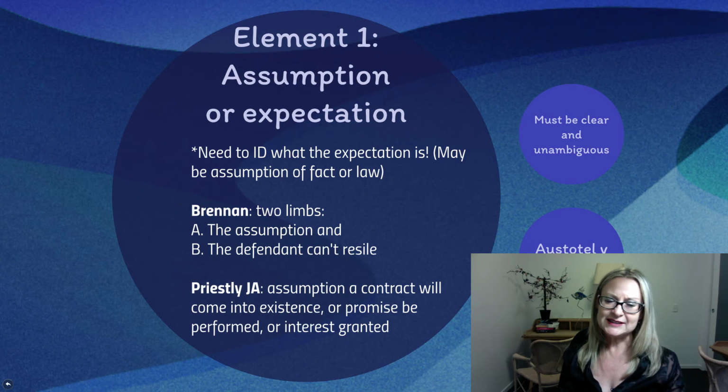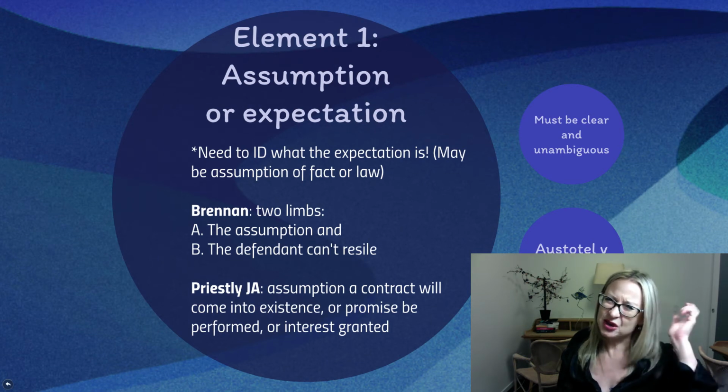Priestley said that an assumption can constitute something like a contract will come into existence, so that was the case in Waltons Stores, or a promise be performed, or an interest be granted. Okay, and we'll talk about Ostertell and Franklin's in just a minute.